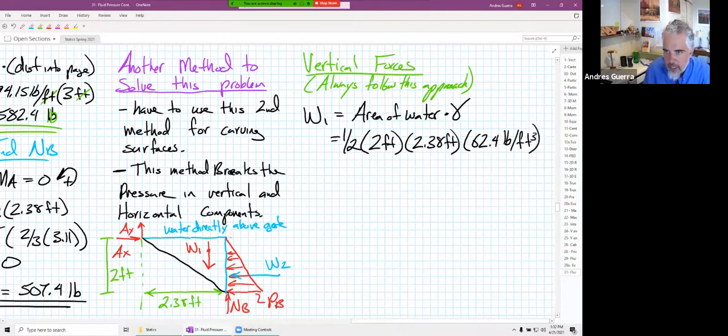And this is still a W, or a distributed load, because look at the units there. We are going to end up with pounds per foot. So we're going to find 148.5 pounds per foot. This is still per foot into the page.